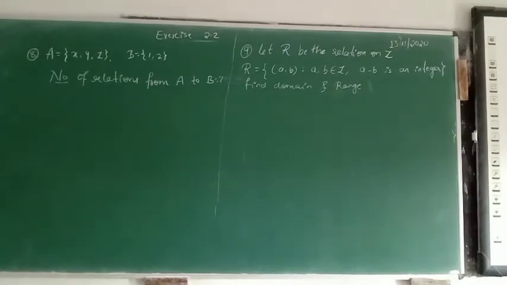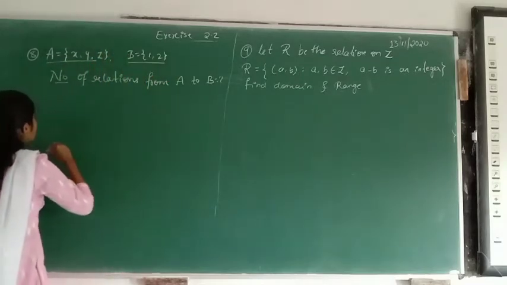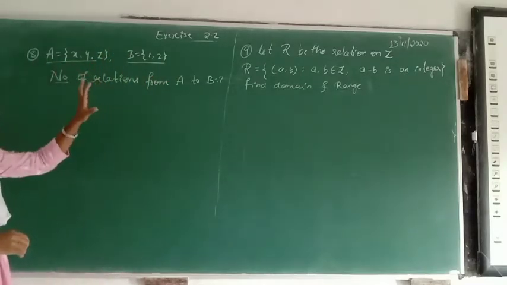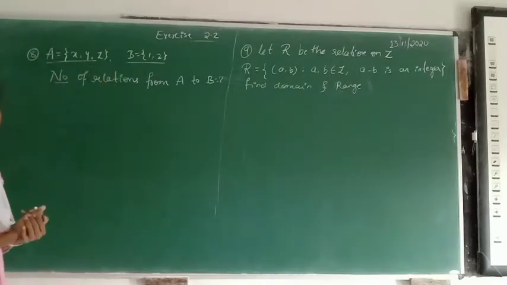The eighth problem: we have a set A equal to {x, y, z} and set B equal to {1, 2}. Our question is the number of relations from A to B. Taking these two sets, how many relations can we form?